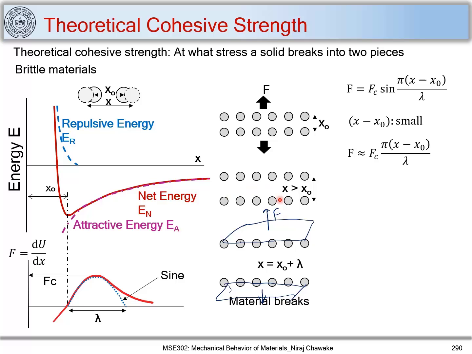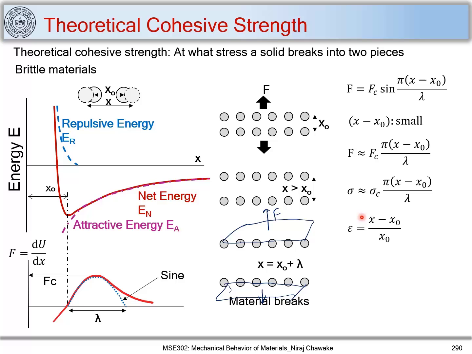We are considering this for a brittle material, so there is no change in area as such, so you can consider this area to be constant. So if I divide both sides by area, I can write sigma equal to sigma c times pi times x minus x naught upon lambda. This is a somewhat valid approximation which we can use.